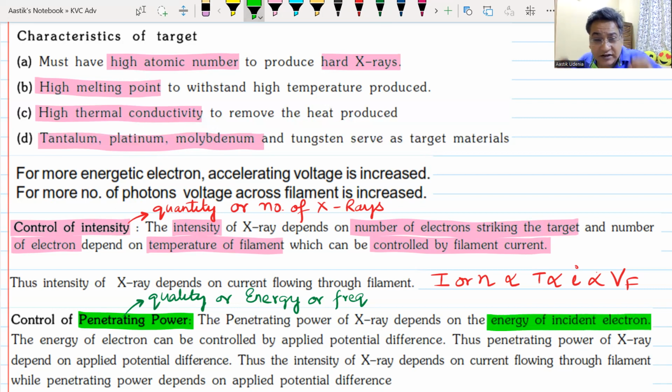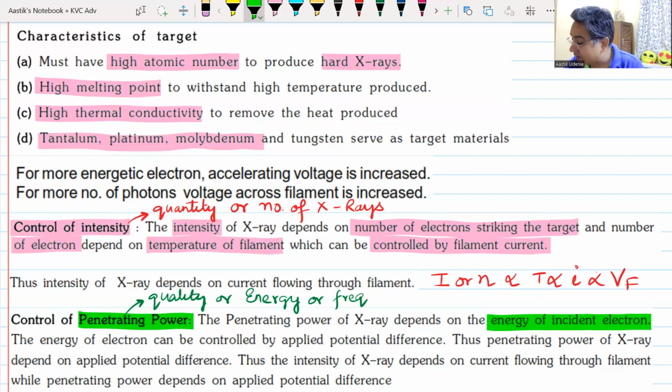More energetic electron will impart more energy to the target metal, and hence we will have more penetrating power X-rays coming out.